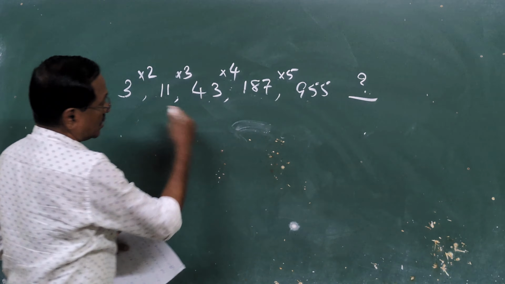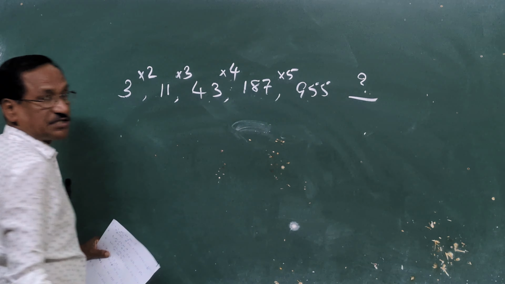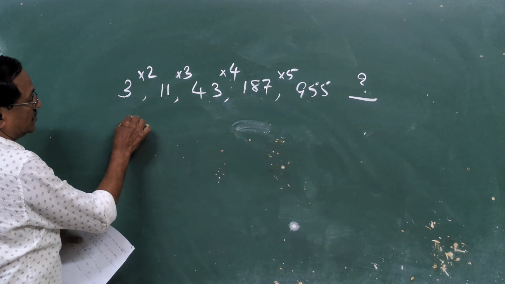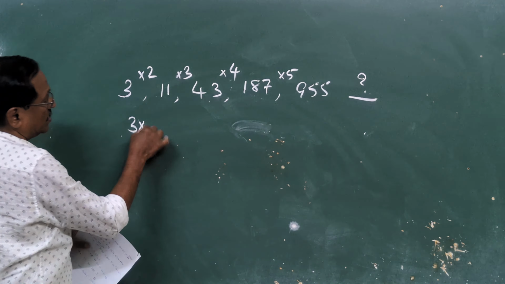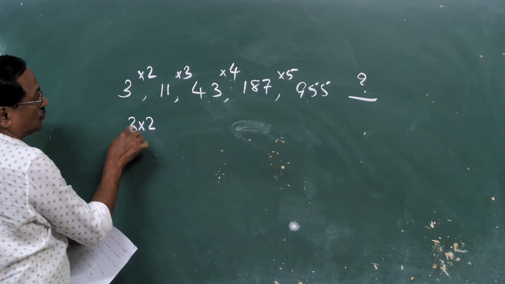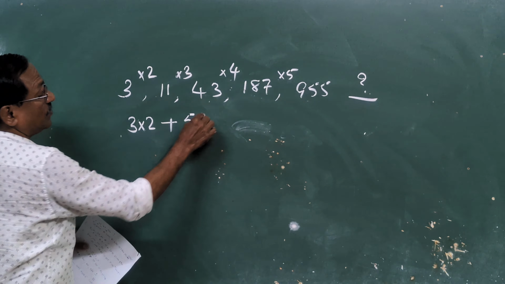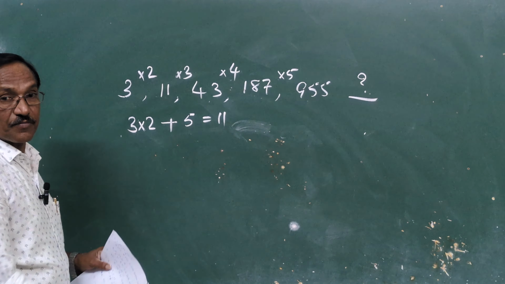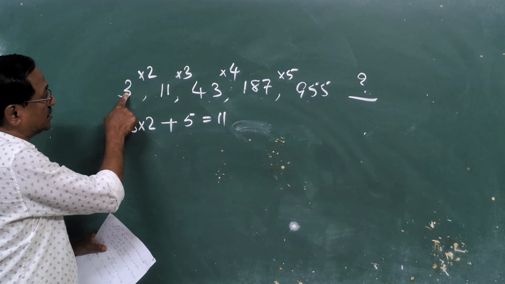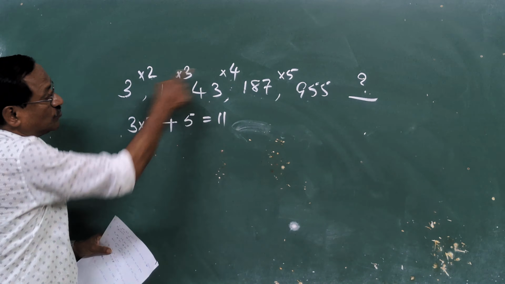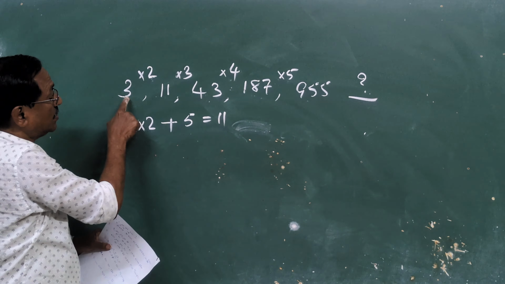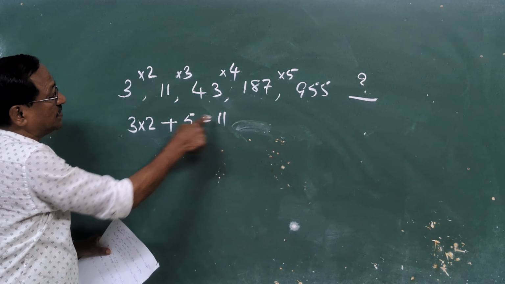Now let us see whether this itself is the pattern. For that, we check the pattern. 3 times 2 is 6. 6 plus 5 will be 11. If you multiply this 3 by this number 2, which we found here, then 3 times 2 plus 5 is 11.